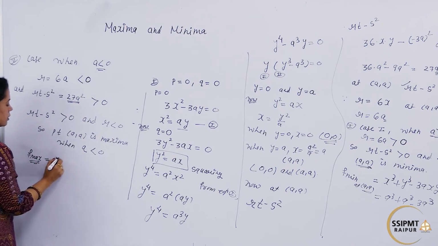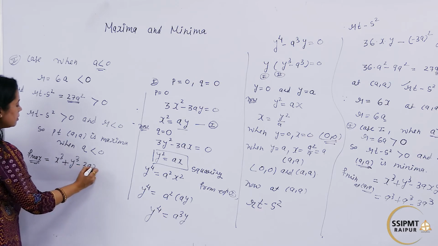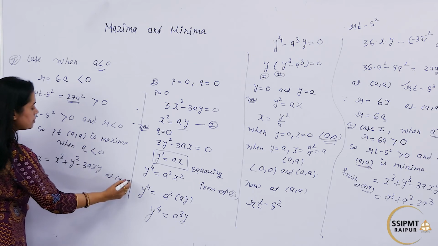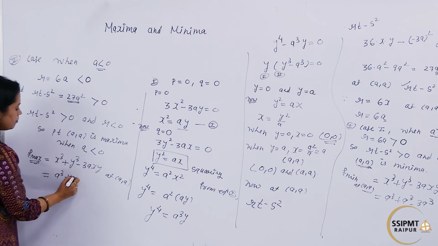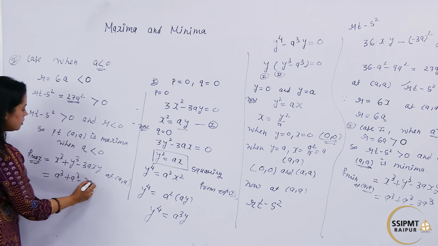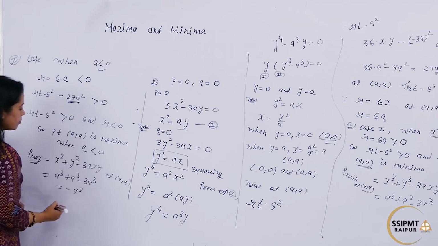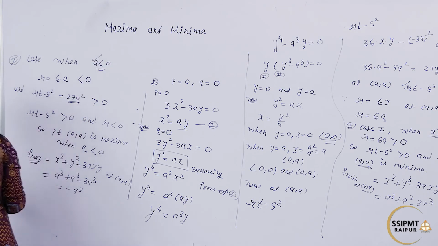The function was x cube plus y cube minus 3axy, and at the point (a, a) it gives us the maximum value. So it will be a cube plus a cube minus 3a cube, which is equal to minus a cube. So this is the case when a is less than 0.